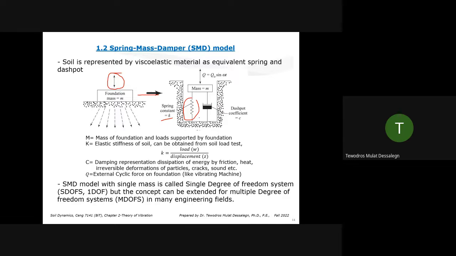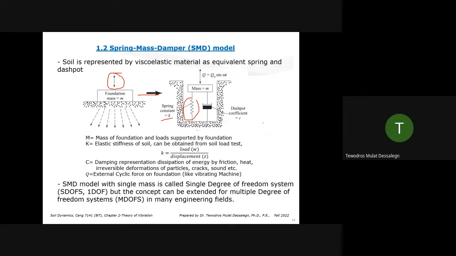So this is what the spring mass damper model is.